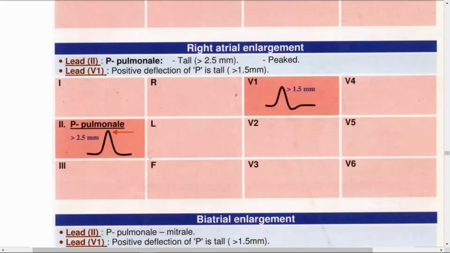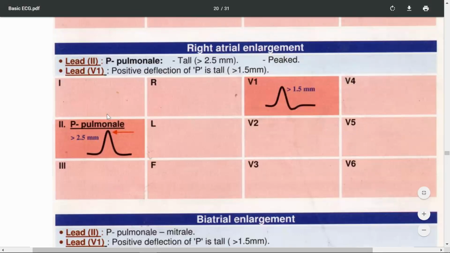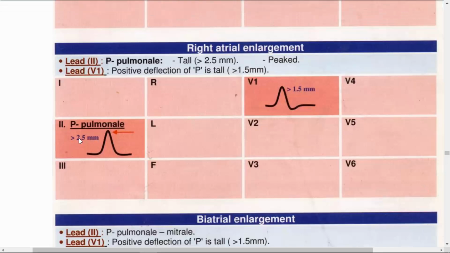Regarding right atrial enlargement, the same leads, lead 2 and V1. Here the difference will be in the amplitude. The height will be more than 2.5. The normal is 2.5 by 2.5, or maximum 3 in width.